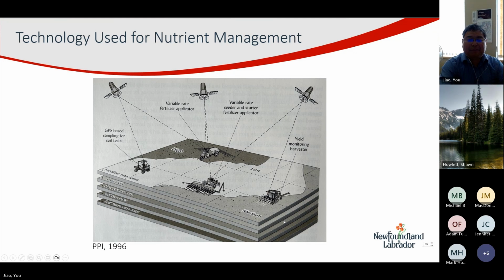The technology used for nutrient management. This picture now shows multiple technologies. You have the satellite. There are always satellites in the sky, particularly here in Canada, North America. When you open your GPS, it can show 8 or 12 bars active.